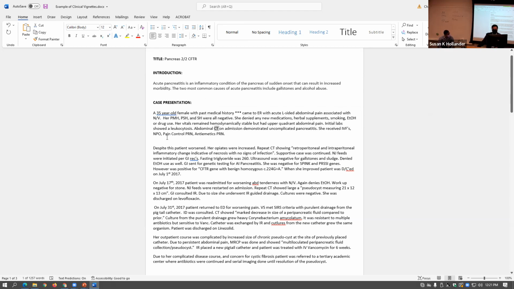CT is totally fine to use. PRN means as needed. NPO means nothing per os, meaning nothing by mouth. IV fluids for the most part is okay. That's a relatively common acronym that we end up using. And then it does mention the patient's vitals were stable, and it mentioned she had leukocytosis, and it also mentions, I believe, a triglyceride level here, but I don't have units.